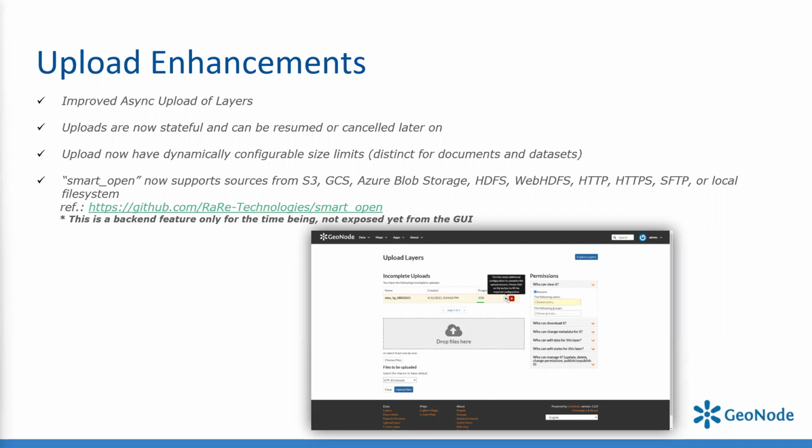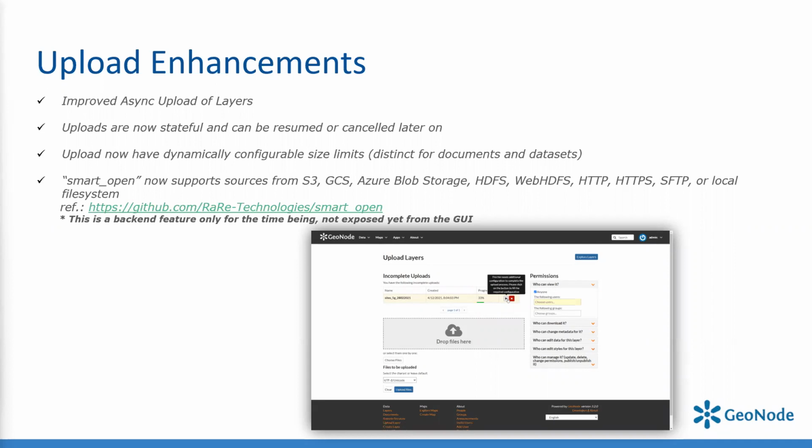But we also have some brand new features. Now we can dynamically configure the size limits, which are distinct for documents and datasets. So basically from the administration panel, you can decide the maximum size of the files that you allow to upload into GeoNode.